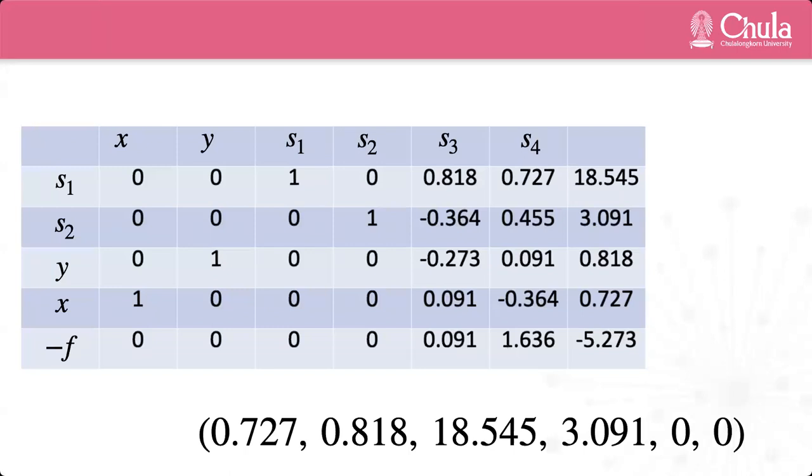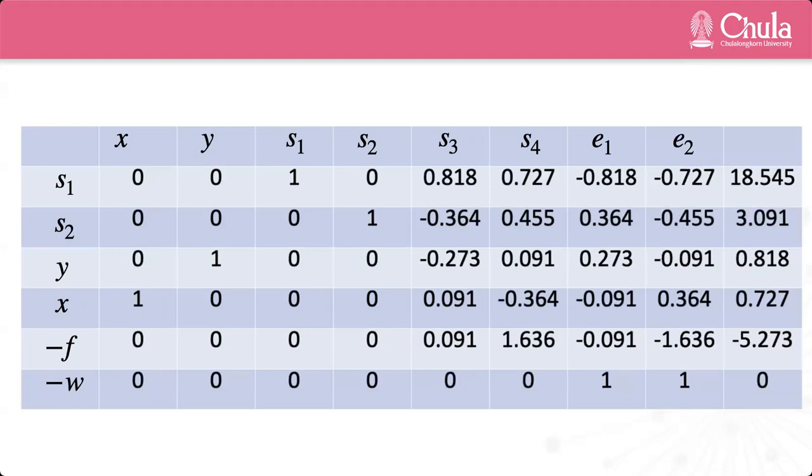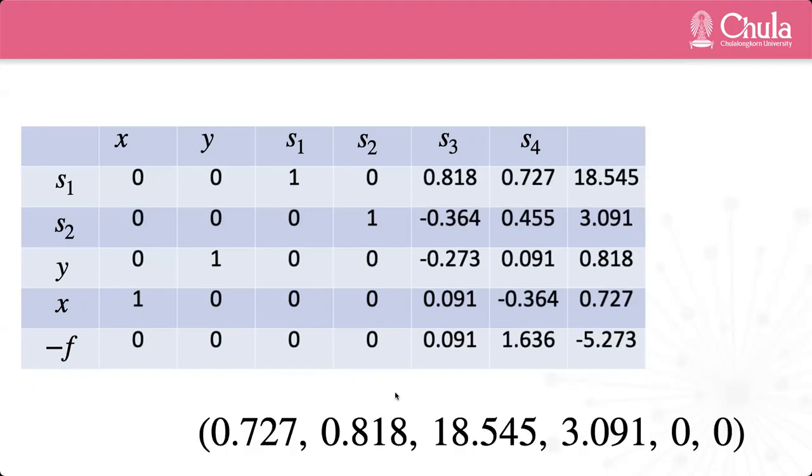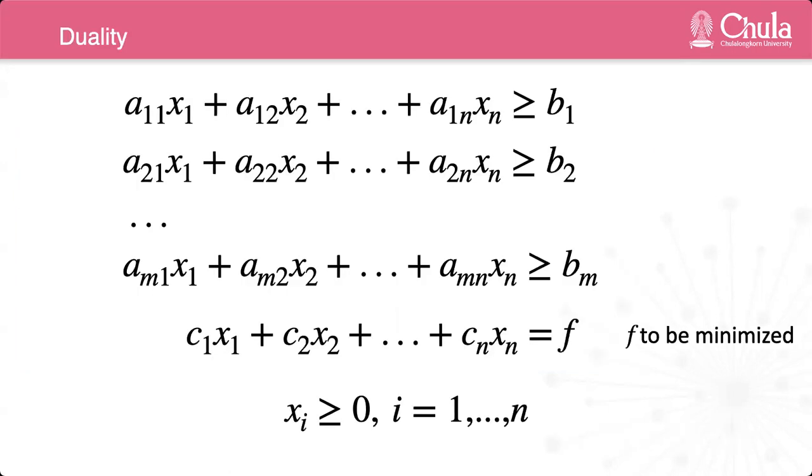And you see that in phase 2, we have already reached the minimum point because we don't have a negative coefficient anymore. We cannot further reduce the objective function.